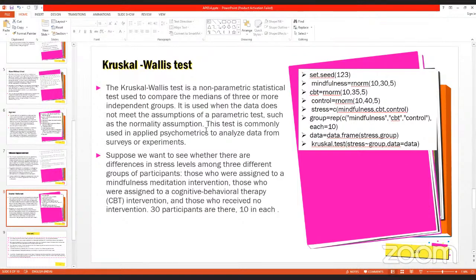This test is commonly used in applied psychometrics to analyze data from surveys or experiments. In this example, we want to see whether there are differences in stress level among 3 different groups of participants: those assigned to a mindfulness meditation intervention, those assigned to CBT, and those who received no intervention. 30 participants are there, 10 in each.